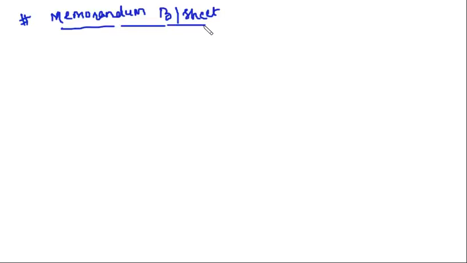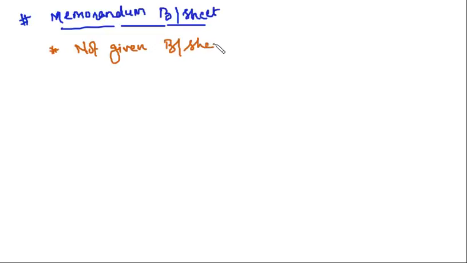Let me tell you the topic name. It is Memorandum balance sheet. You are not given the balance sheet, but you are given some information regarding the balance sheet. What are the key points of this? This is the not given balance sheet.